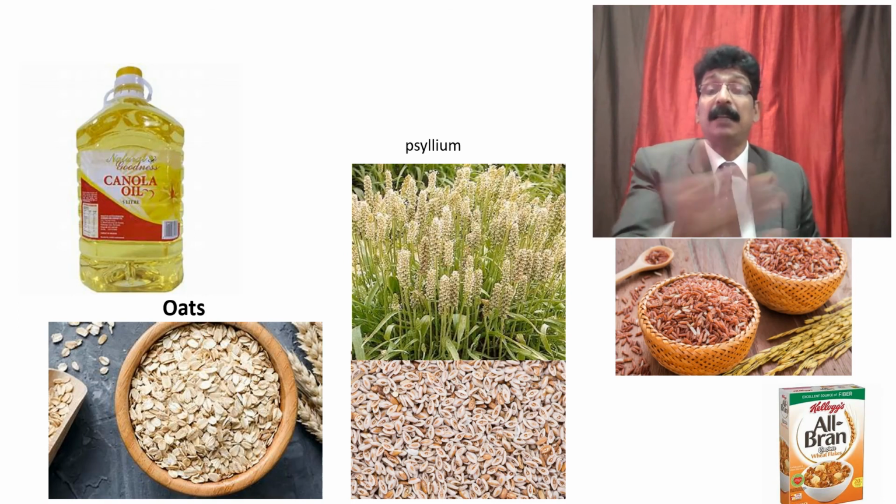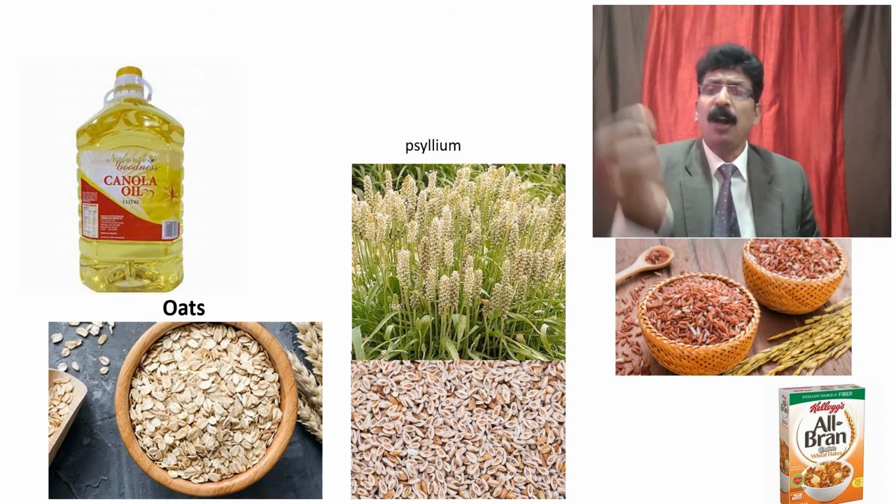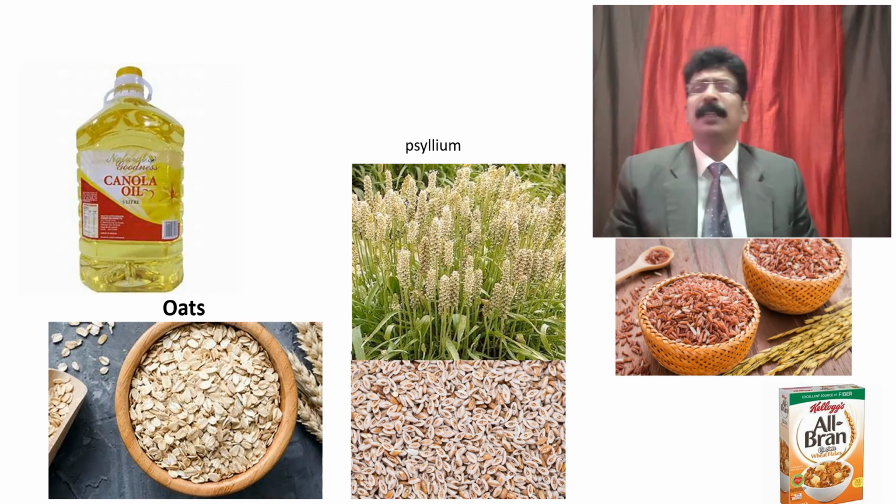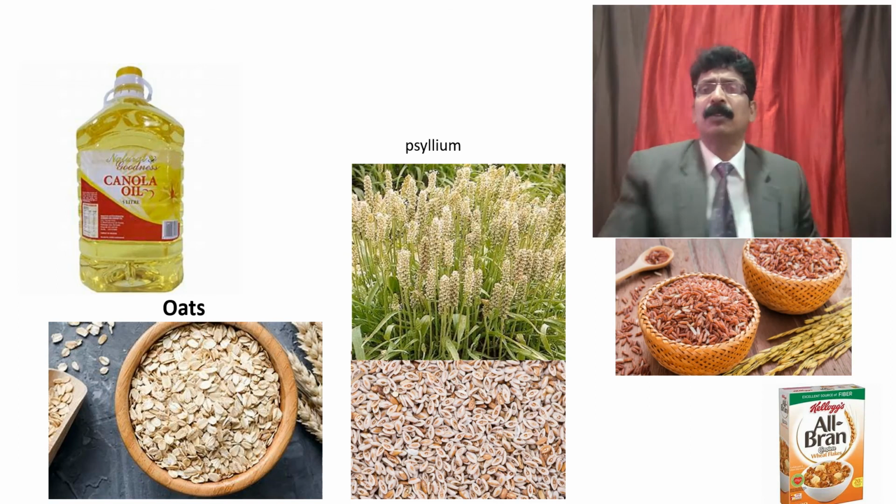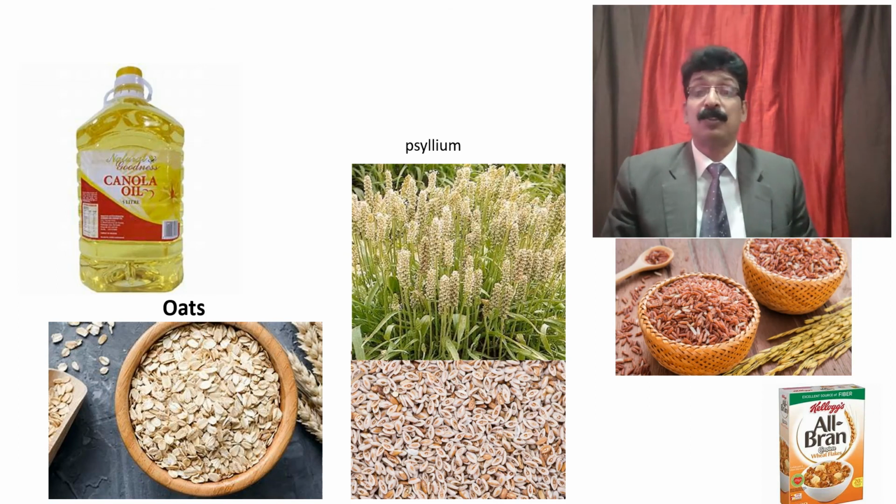Psyllium is one of the small things which can be used, even in Kerala and in my place you can see some juices where they use sabja, and they say it is very good. Bran is also there, and many Kellogg's products are available, brands, and we have cornflakes and other flakes also available.